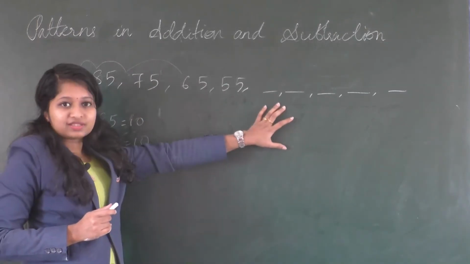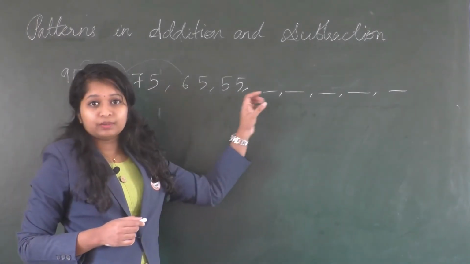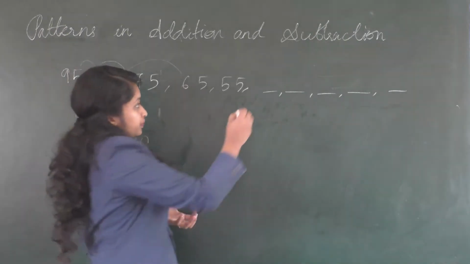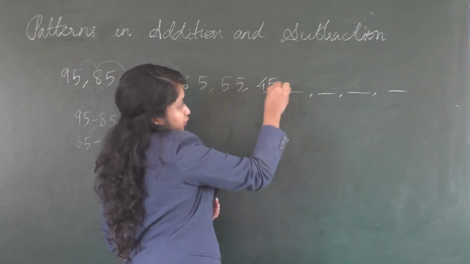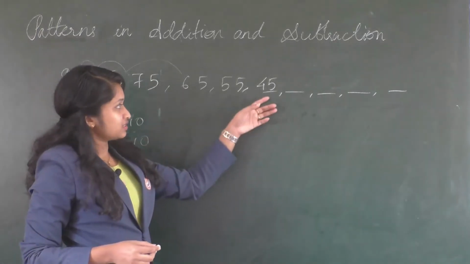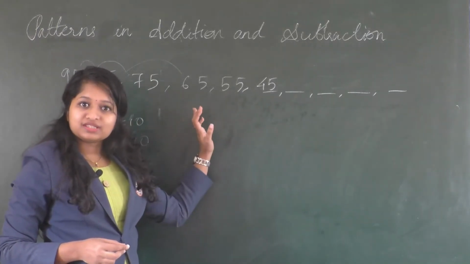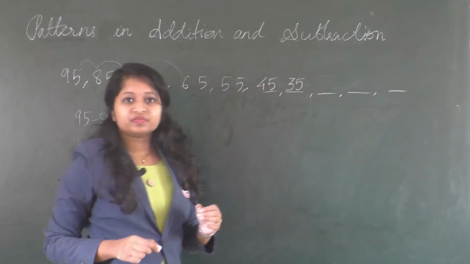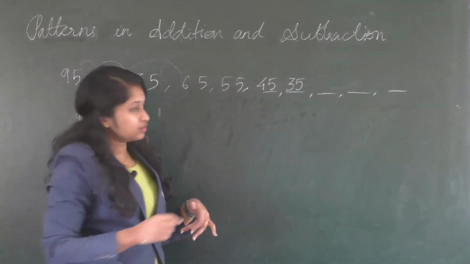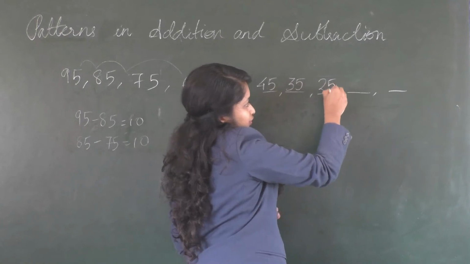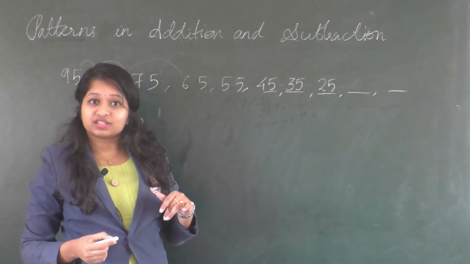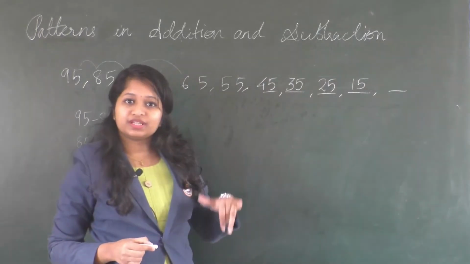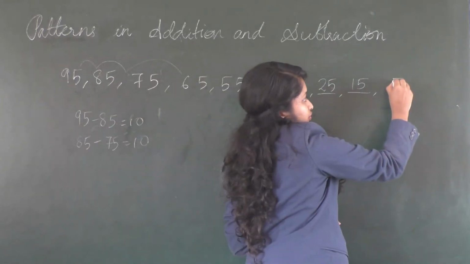So what will be the next number? 55 minus 10. What is 55 minus 10? It is 45. And next, 45 minus 10, 35. 35 minus 10, 25. 25 minus 10, 15. 15 minus 10, 5.